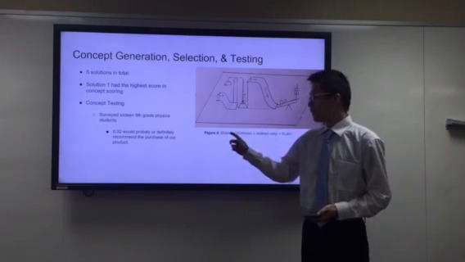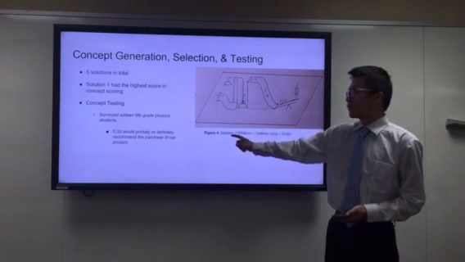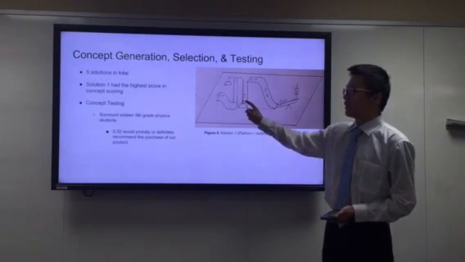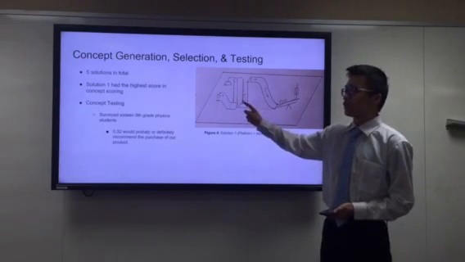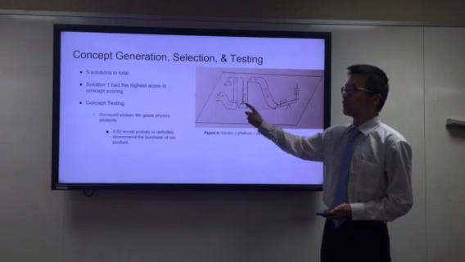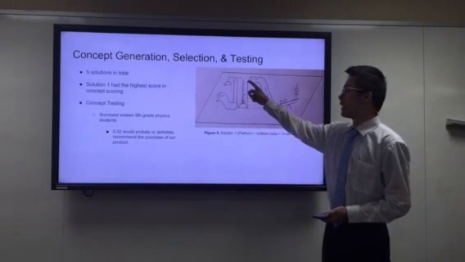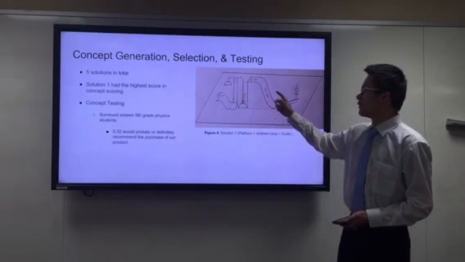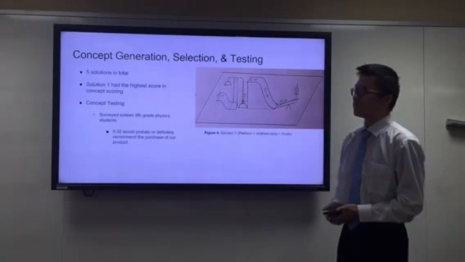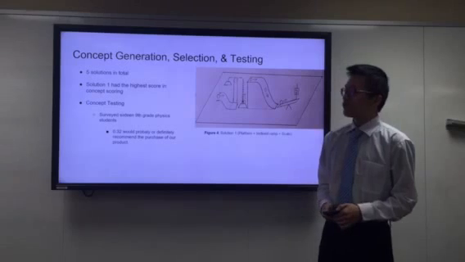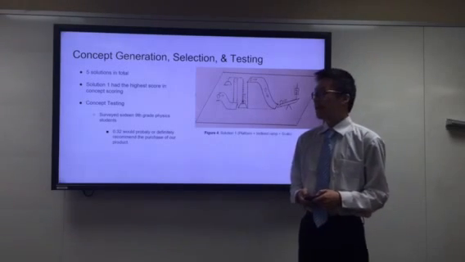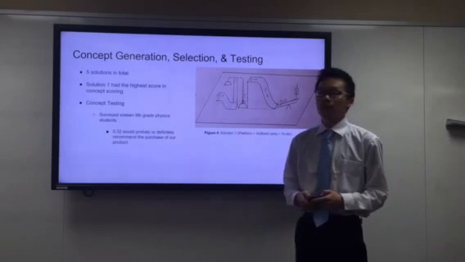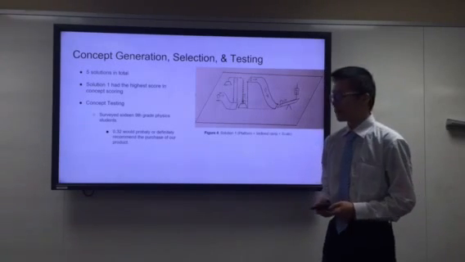As you see in the figure, in our solution 1, the ping pong ball goes into the BRG, and a rising platform driven by a motor raises the ball to a 24 inch height and delivers it onto an inclined ramp, and finally the ball will jump onto a scale. The result shows solution 1 has the highest score in concept scoring, and that's why we chose solution 1 as our final solution.